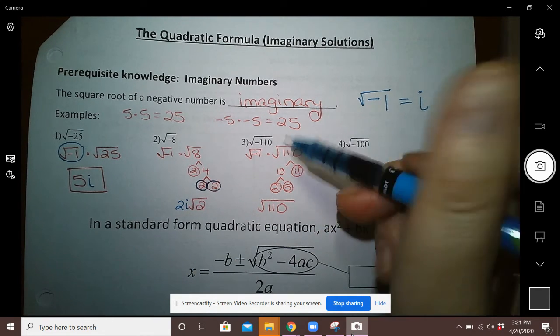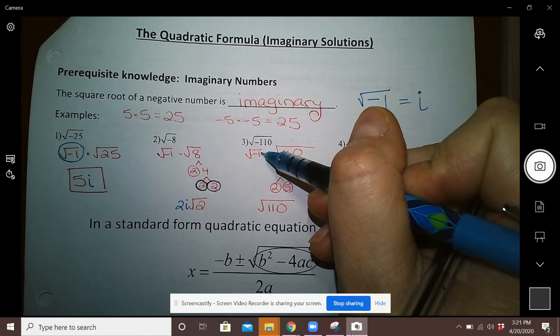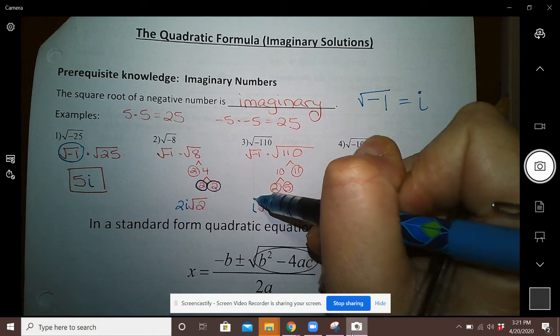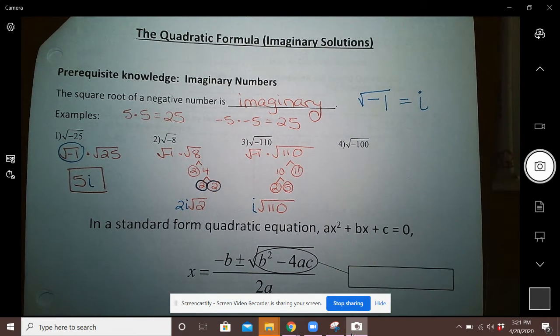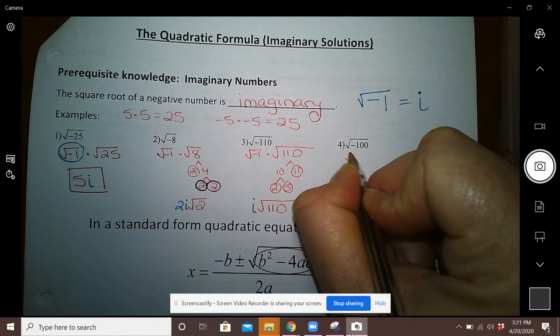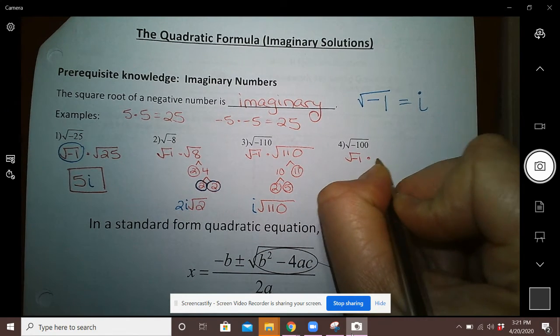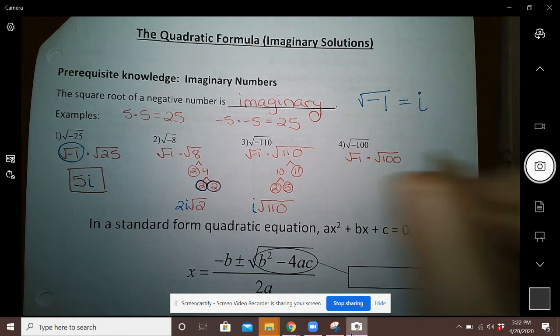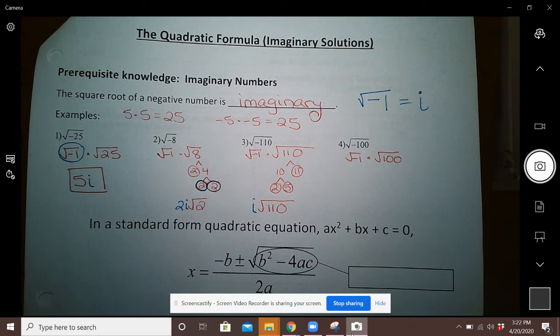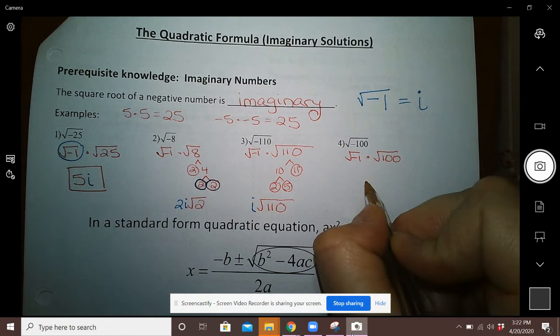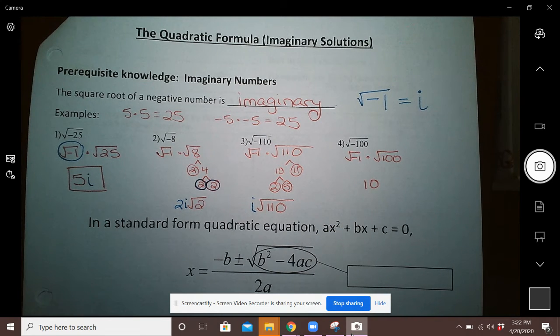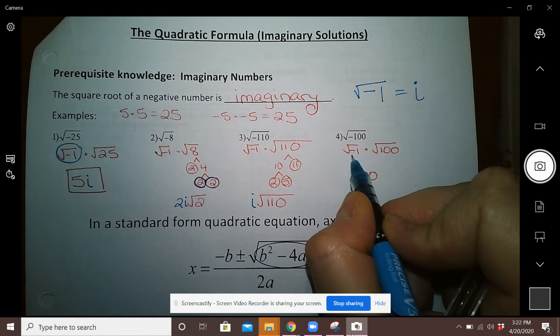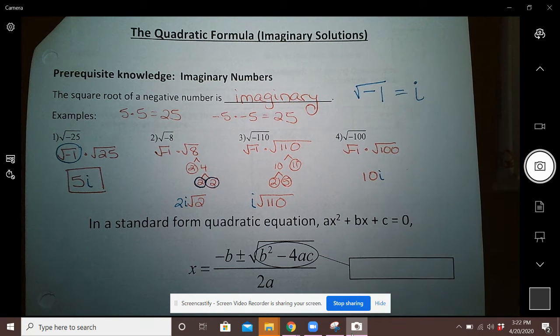However, the square root of negative 1 is i, and it goes right in front of the square root symbol. Final example for you here. Separate this negative off, and you'll have the square root of negative 1 times the square root of 100. I bet we all know what the square root of 100 is. It's just 10, because 10 times 10 is 100. And the square root of negative 1 is i.